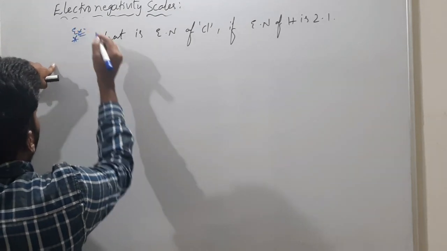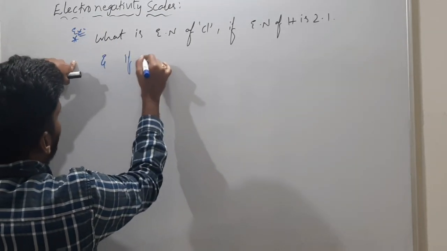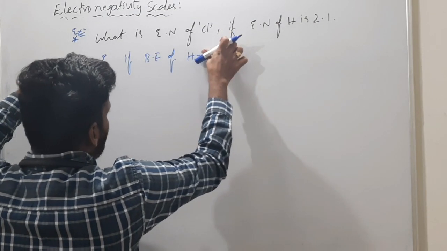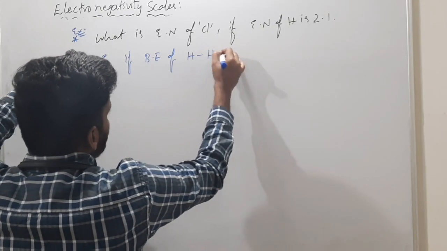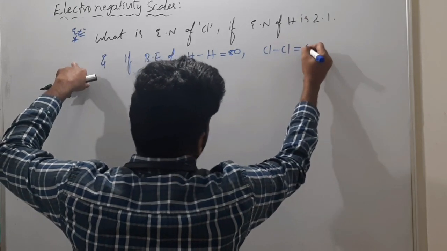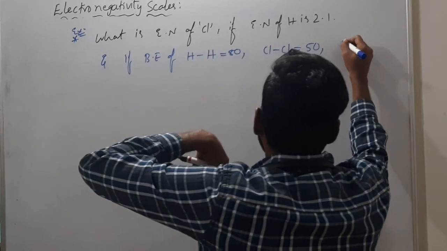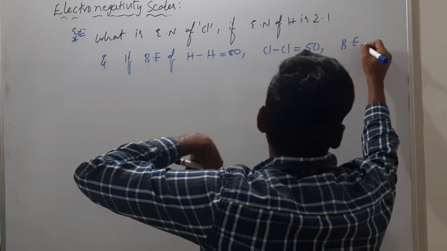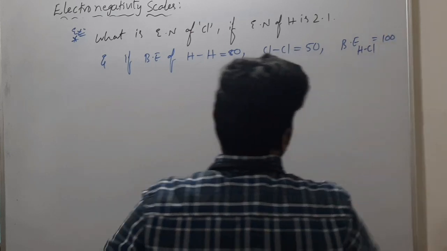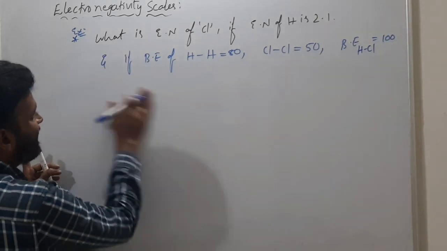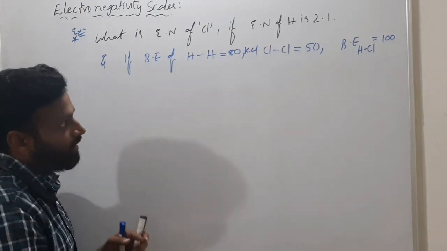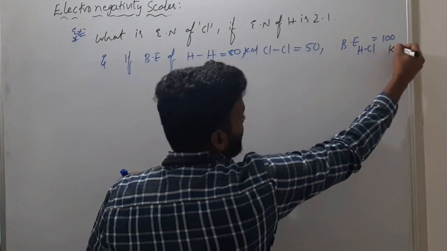And if the bond energy of HH is 80, the bond energy of ClCl is some 50, and the bond energy of HCl is 100. This is given in kilocalories. Then what to do? Very simple.